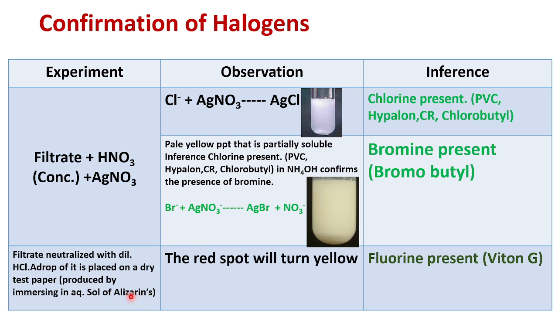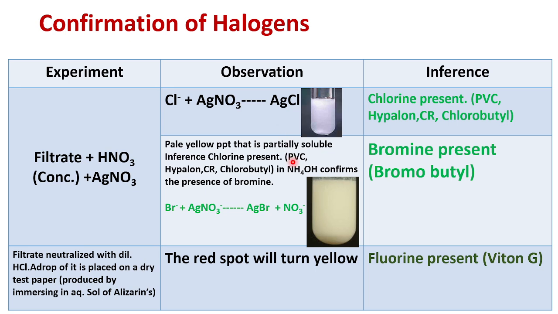So you soak the paper in the alizarin solution first, and when the neutralized filtrate is dropped on that soaked paper, that red spot will turn yellow. Alizarin solution shows a red color, and when it reacts with this fluorinated chemical, that color turns yellow, and that will confirm the presence of fluorine.